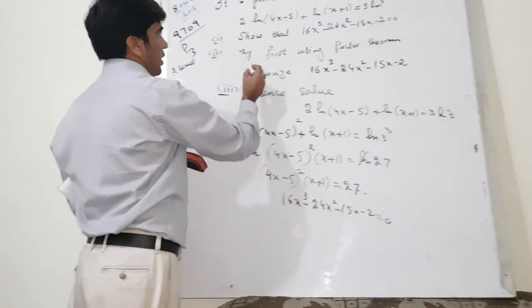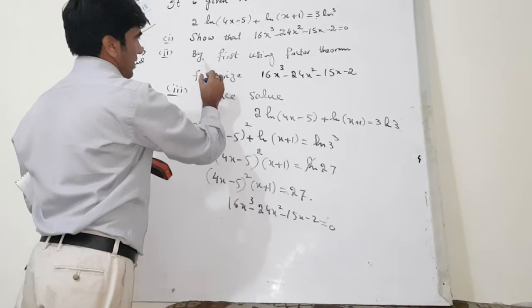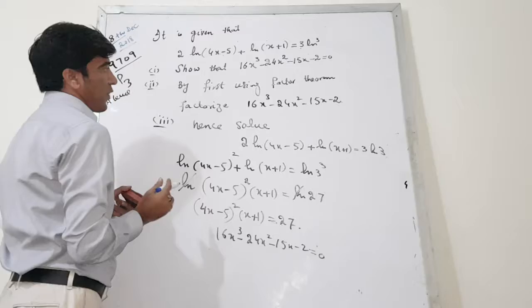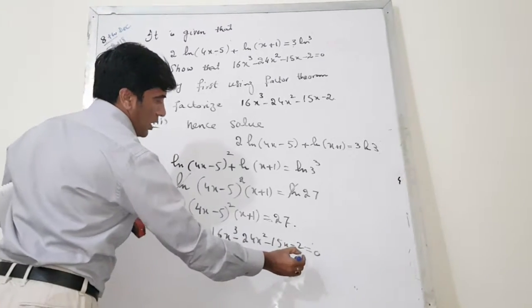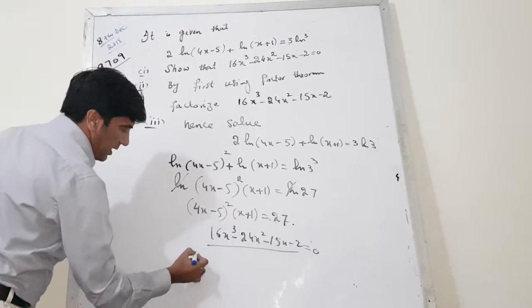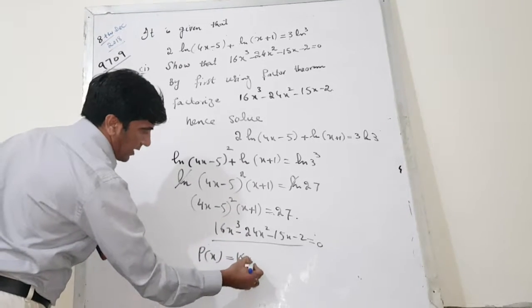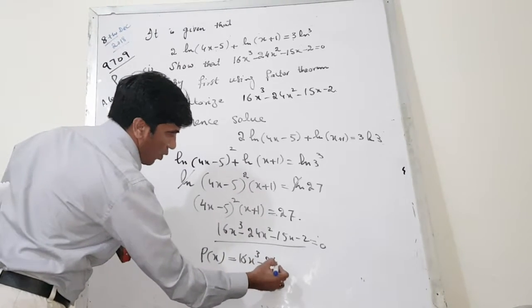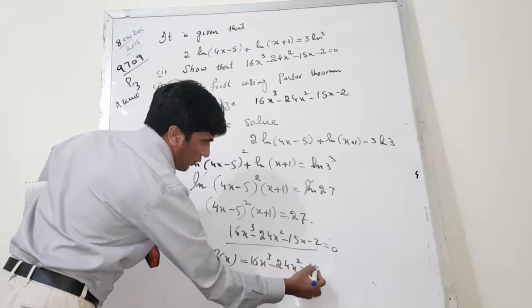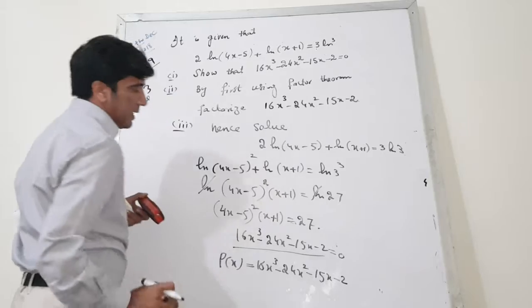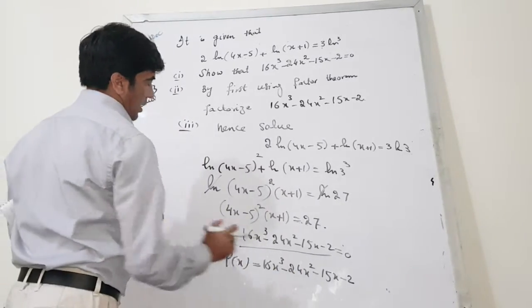Now in the second part of this question, he is asking us to first use the factor theorem. You know, for the factor theorem, if you look carefully, this is p(x), a polynomial in x. You can write this as 16x³ − 24x² − 15x − 2.